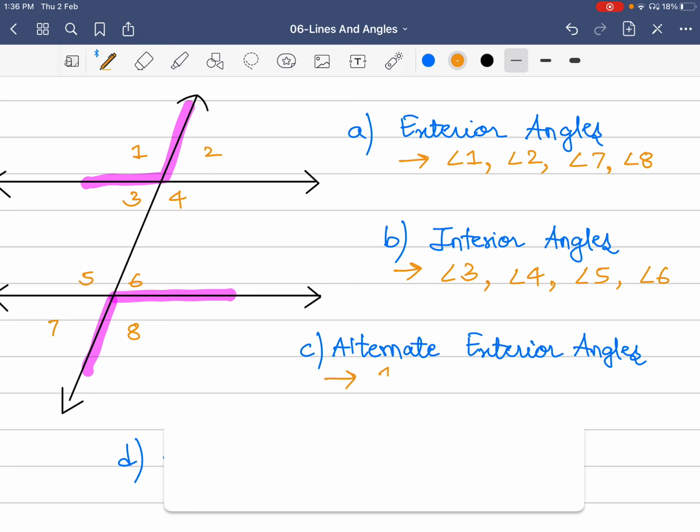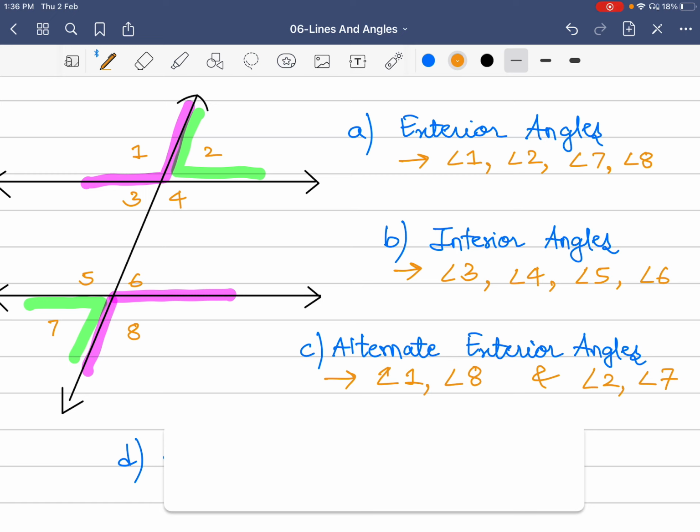First I'll note down the angles: angle 1, angle 8. And there's one more pair, and once again we'll use a highlighter for that. This one, 2 and 7: angle 2, angle 7.